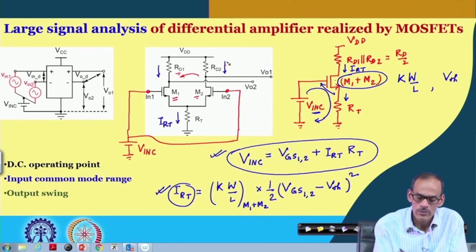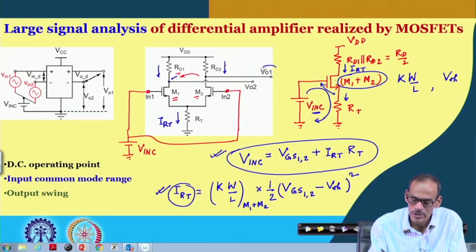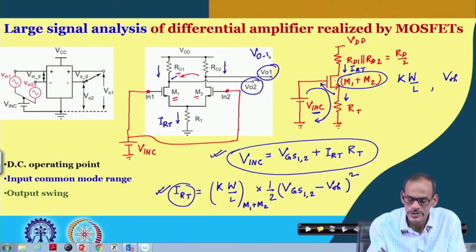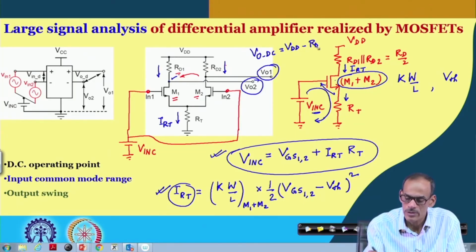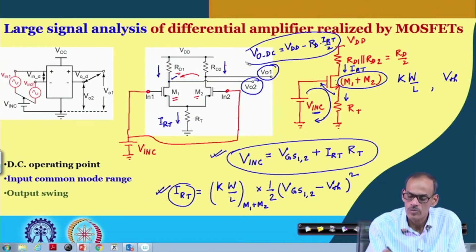From that you can find the corresponding drop, and that gives us the common DC voltage VO DC equals VDD minus RD multiplied by IRT by 2, right. So, that is how we can get the output DC voltage.